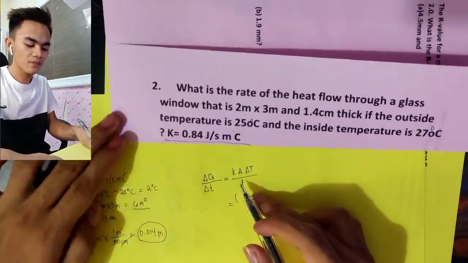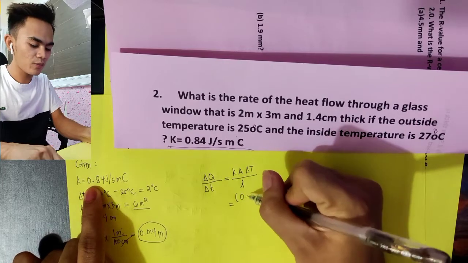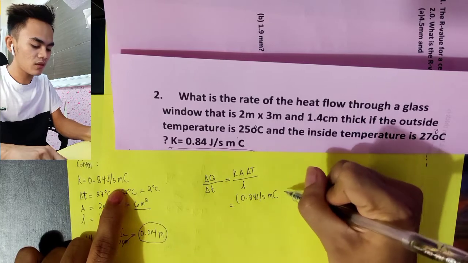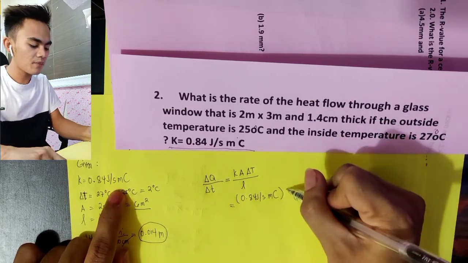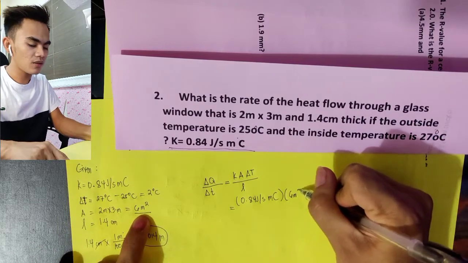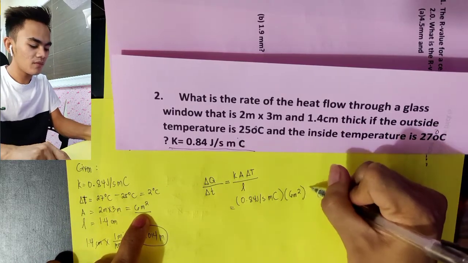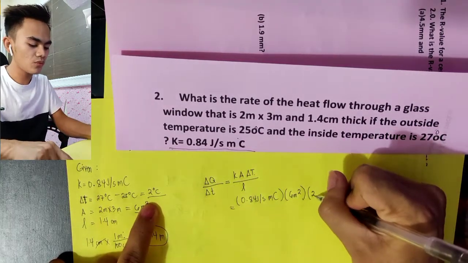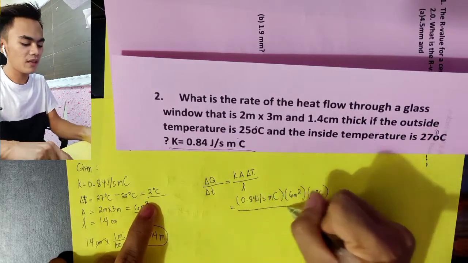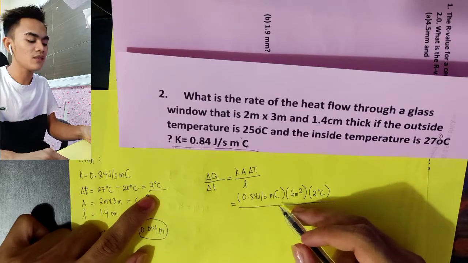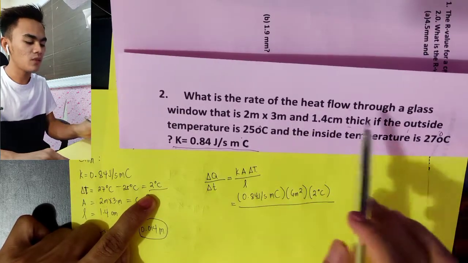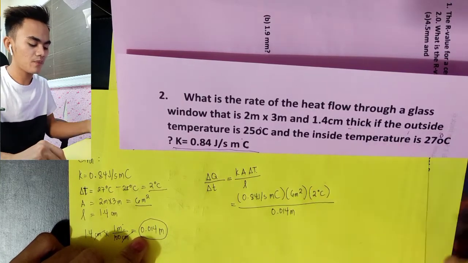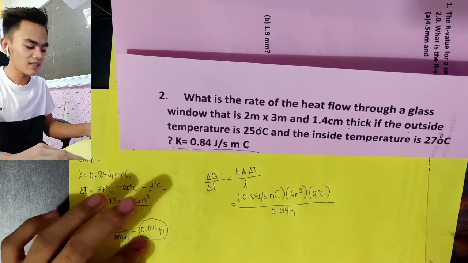We have K, 0.84 joules per second meter centigrade, the area of 6 meter squared, multiplied by the change of temperature, 2 degrees Celsius, divided by the thickness of the window glass, which is 0.014 meter.